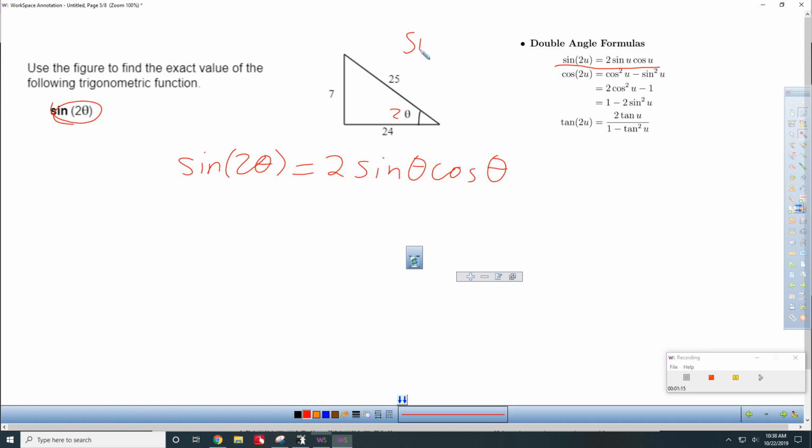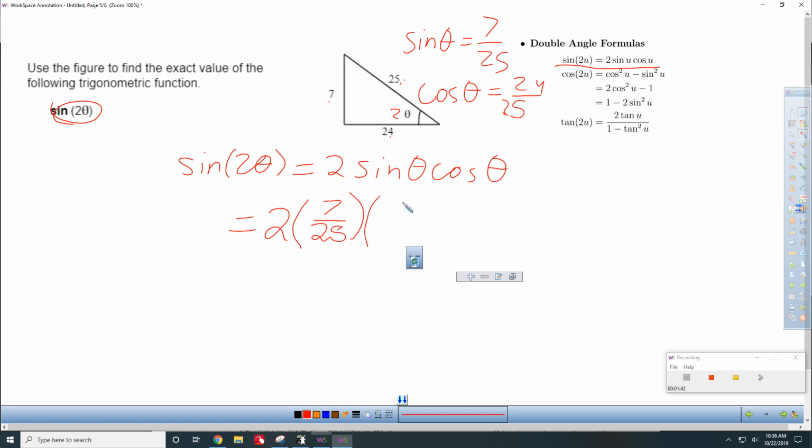So the sine of theta is opposite over hypotenuse, 7/25, and the cosine of theta is adjacent over hypotenuse, which is 24/25. Then we just plug it into this handy dandy formula and get that sine of 2 theta is equal to 2 times 7/25 times 24/25.